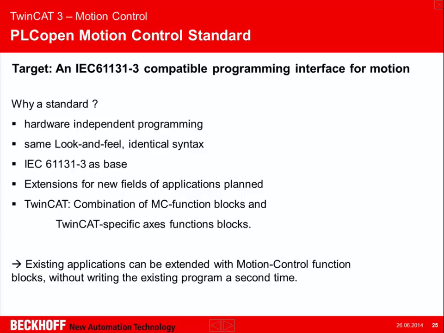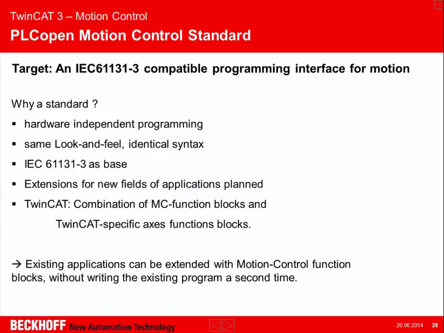And of course, also in TwinCAT, we support the motion control function blocks from the PLCopen, but we have also done extensions to this. So we have also TwinCAT-specific access function blocks. And of course, we are always working on this, so we always extend this.